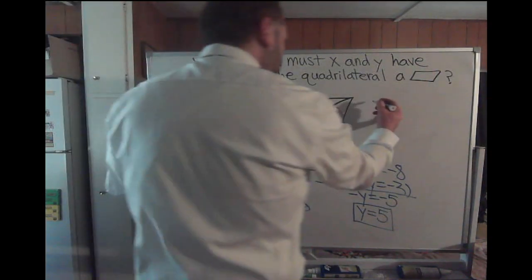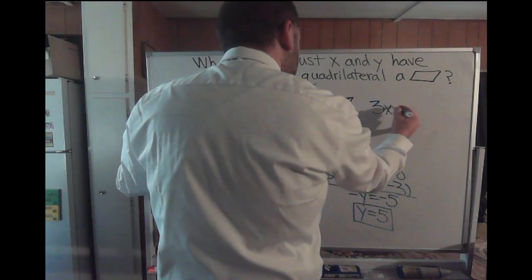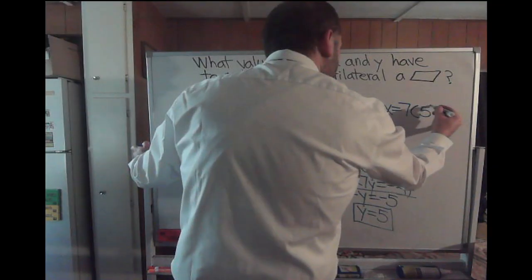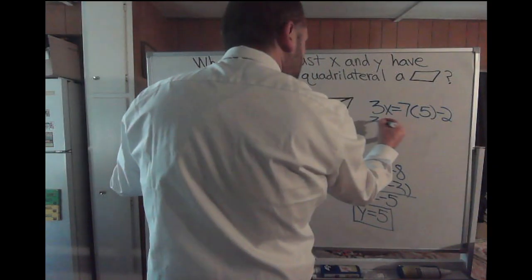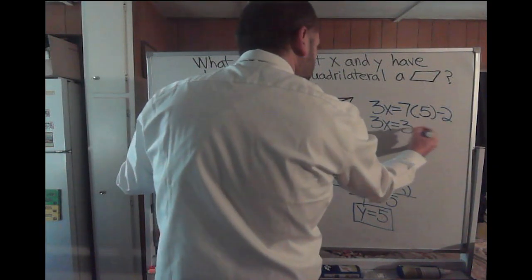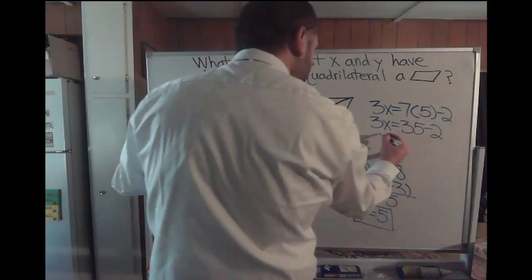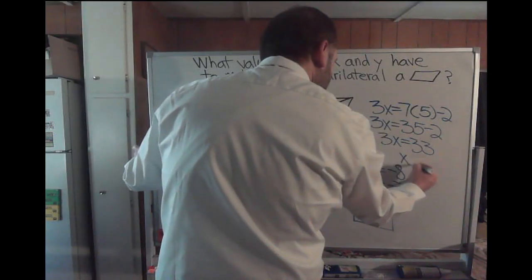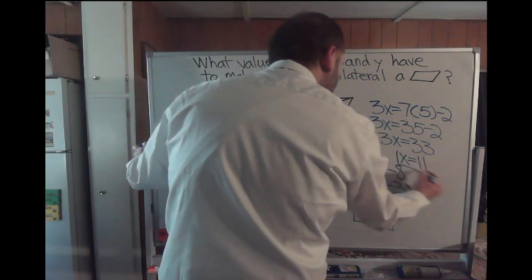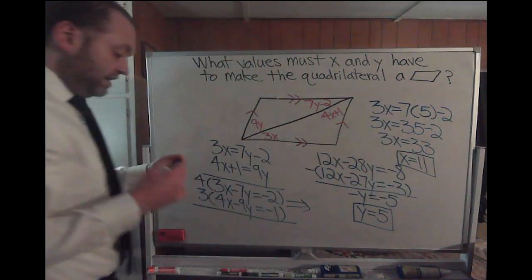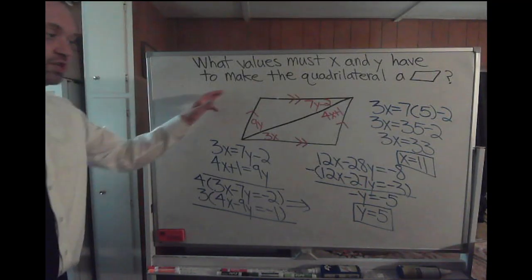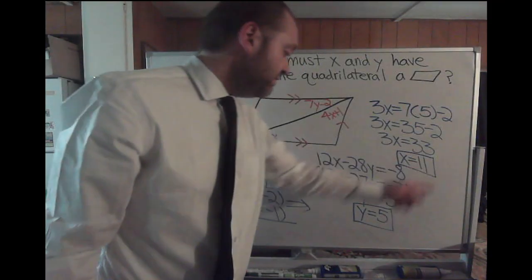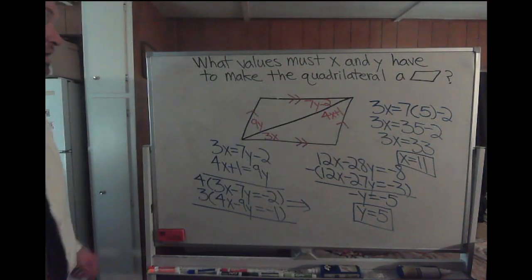If we do that, you'll have 3x equals 7 times that value of y, which was 5, minus 2, which then means that 3x would equal 35 minus 2, which then means that 3x equals 33, which then means that x would equal 11. So the values of x and y that we need to determine if this quadrilateral is a parallelogram, you would get x to be 11 and y to be 5.